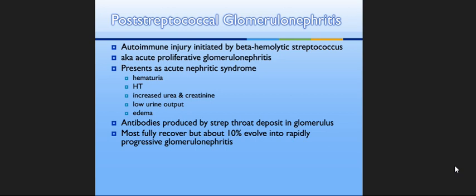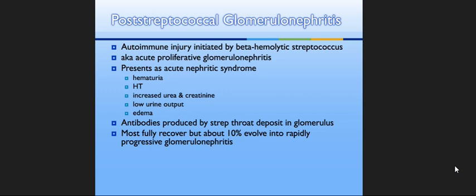In this entity, antibodies are produced by streptococci, throat infection. Most patients, if you take a thorough history, have a history of a strep throat infection 2 or 3 weeks earlier, tonsillitis or pharyngitis or whatever you want.